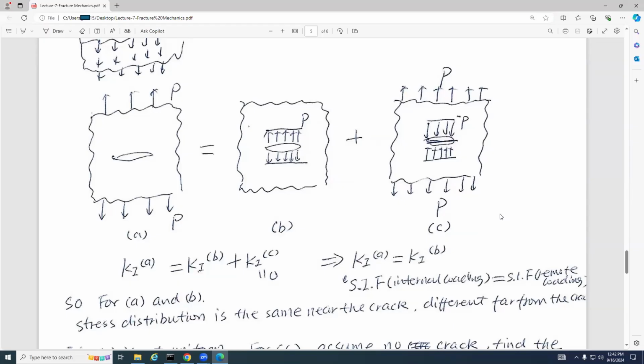You understand, guys? Why is this one important? Because in the future, as long as I have the remotely applied load, I can use this superposition principle and focus on the load here.